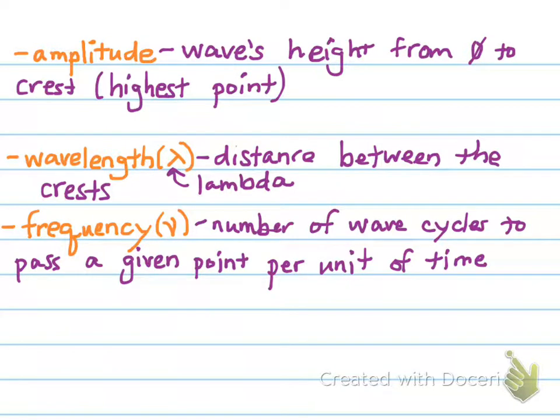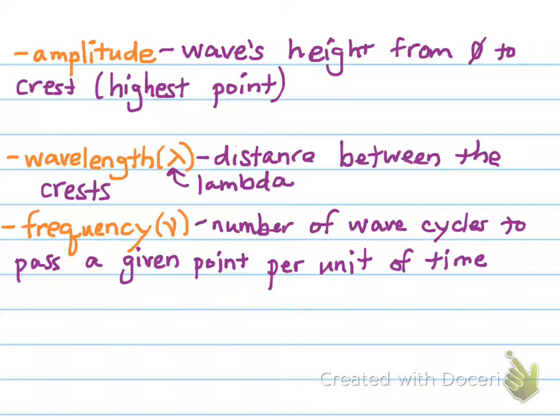So to imagine what frequency is, imagine you're standing on the end of a dock, and it's a wavy day out on the lake. To measure frequency, you would count for a minute how many crests of the wave go by the end of the dock in that minute.